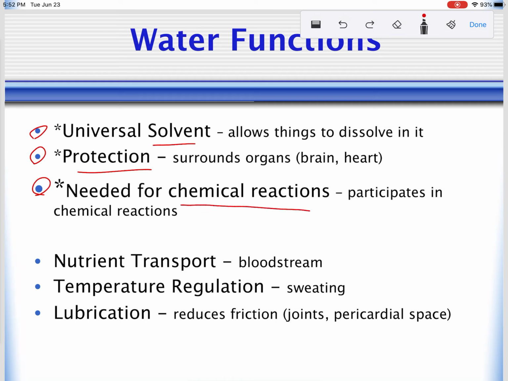And we also need water for chemical reactions, because many, many chemical reactions in the body require water. For whatever chemical reaction it is, a lot of times it just needs water to take part. Of course, water does more, but these are the three we're going to start off with.